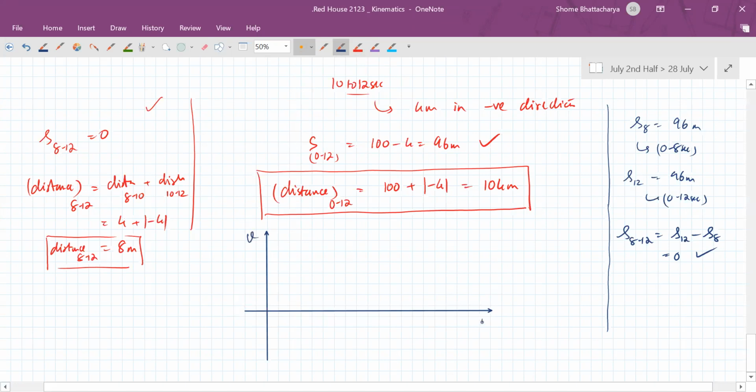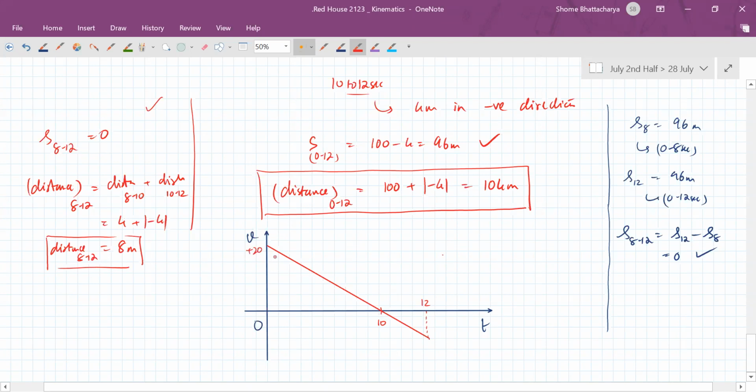So, velocity time graph. Now we can see that, for example, if we want to calculate the displacement from 0 to 12, we'll have to subtract the area of these two triangles. Why subtract? Because displacement has sign.